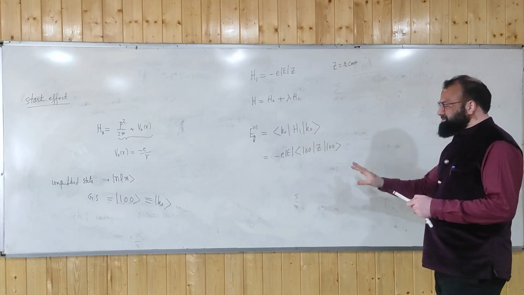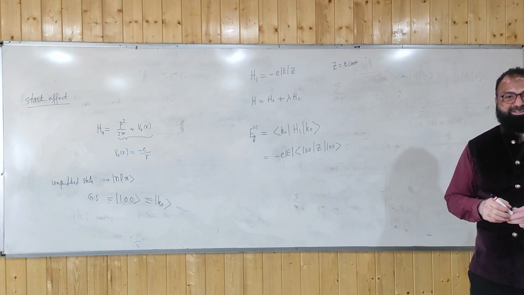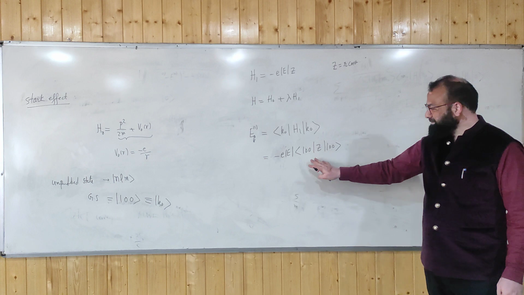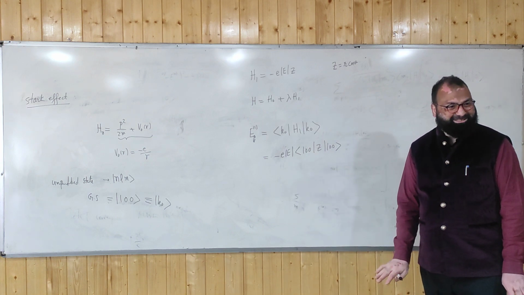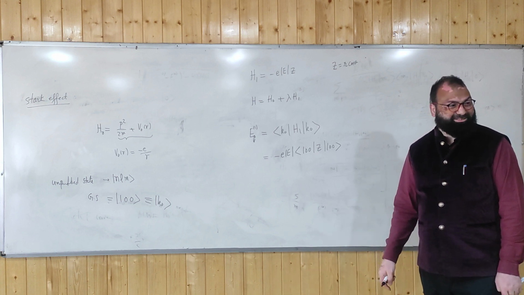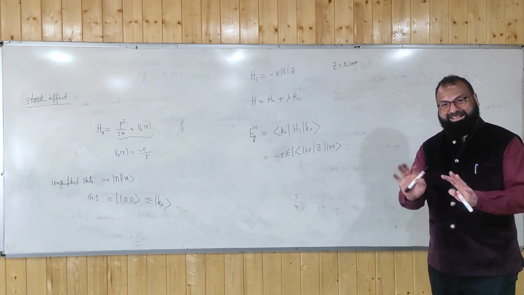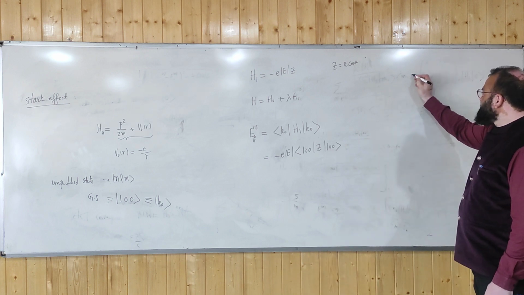So this is the expectation value of z, is it? Can anyone tell me what this expectation value is? I have given you the hint earlier. Let me give this idea. What is your dipole moment?